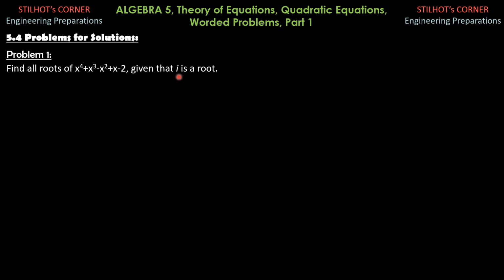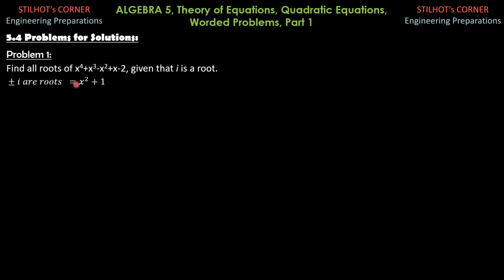So if one root is i, the other root is negative i. Remember that. So plus minus i are roots. Therefore, if we write this in factored form, representing plus minus i, it would be x squared plus 1. So that x is plus minus square root of negative 1, which are plus minus i.